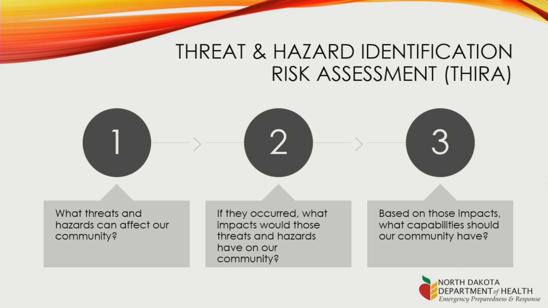And based on those impacts, what capabilities should our community have? The THIRA helps North Dakota understand our state's risks and determine the level of capability needed to address those risks. The outputs from this process lay the foundation for determining North Dakota's capability gaps as part of the Stakeholder Preparedness Review.